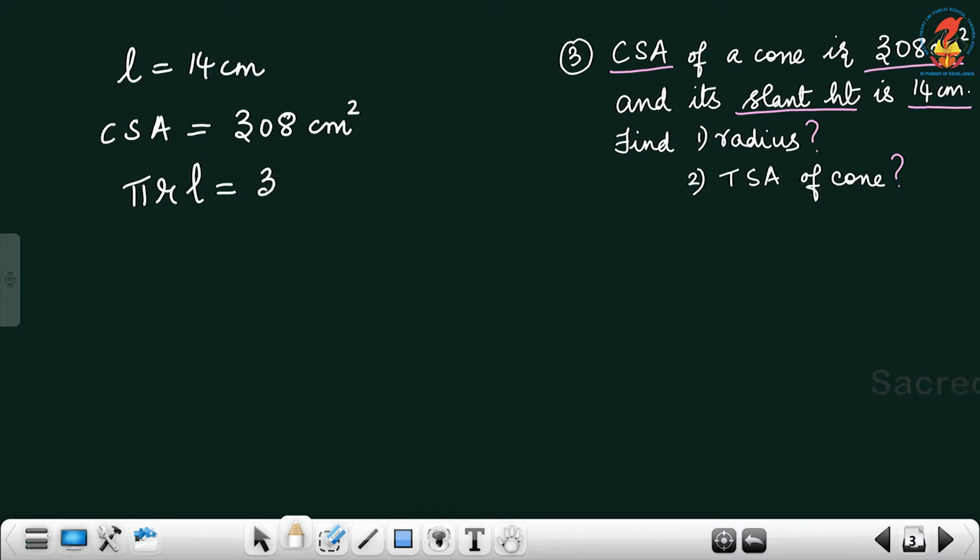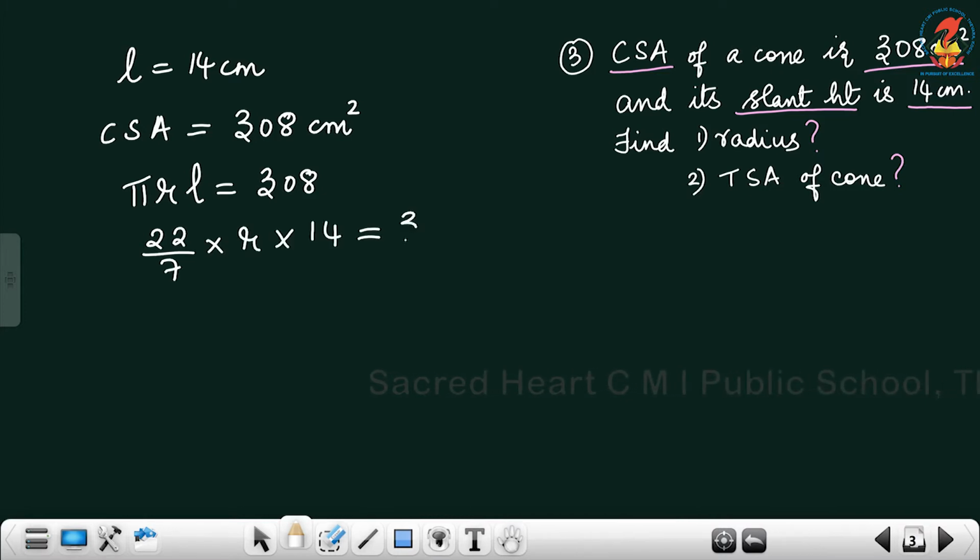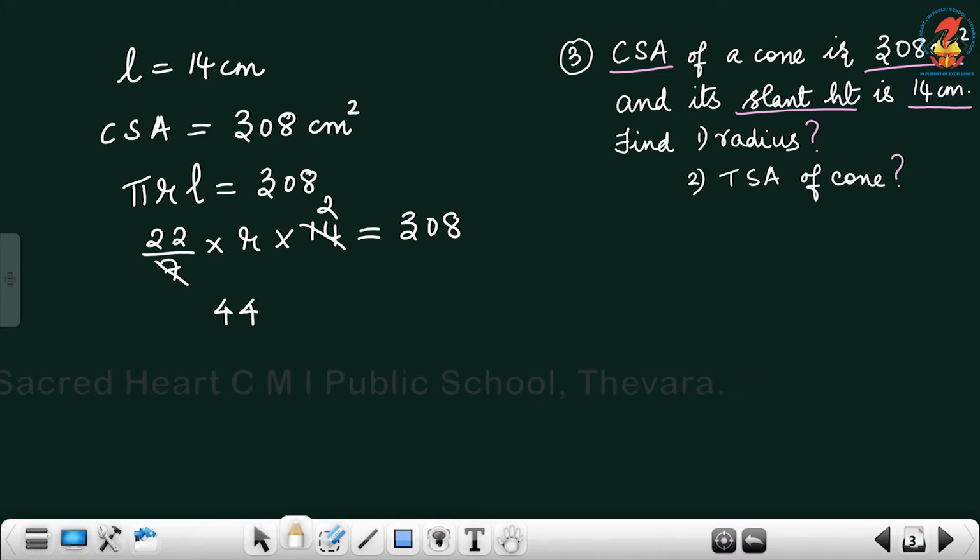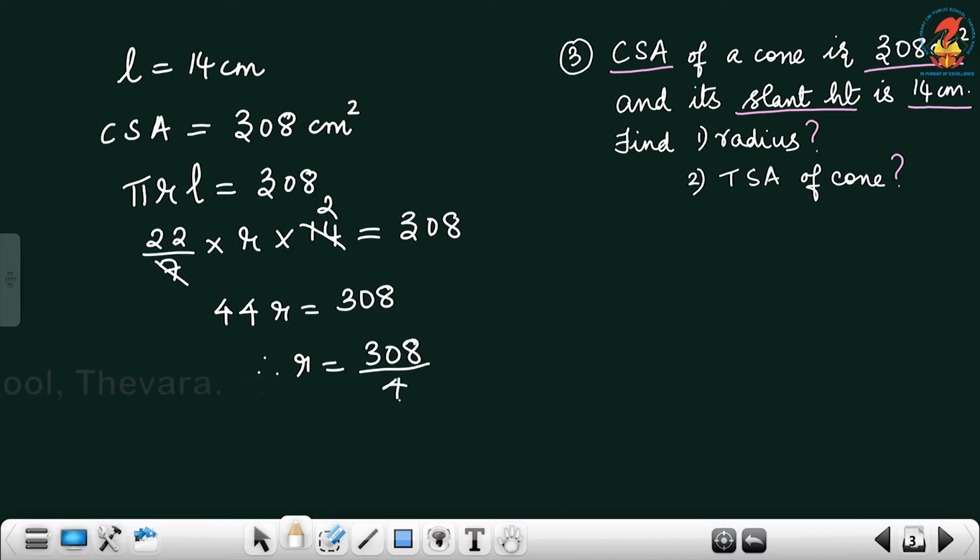Pi RL is equal to 308. 22 by 7 into radius you don't know, 14 is the slant height, equals 308. 7 goes in 14 2 times. 22 into 2, 44R is equal to 308. Therefore, radius equals 308 by 44. Simplify, divide and you will get the answer as 7 centimeter.